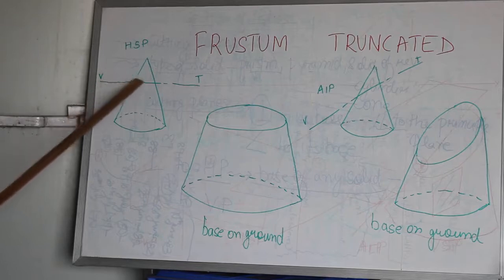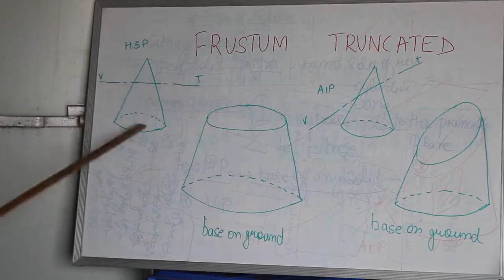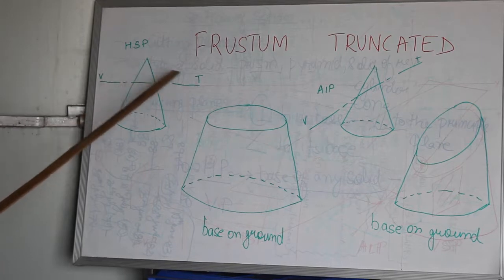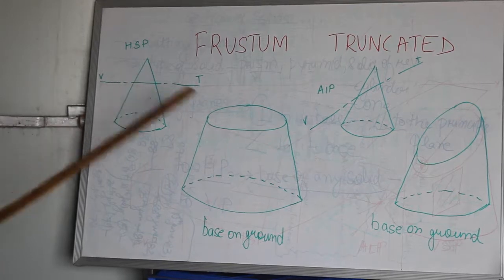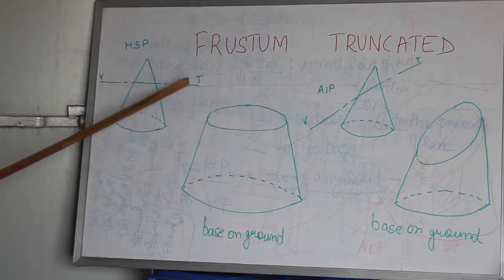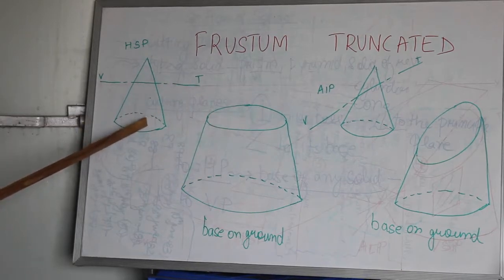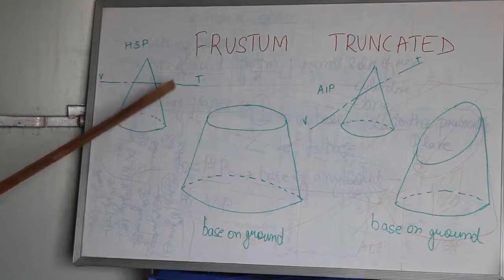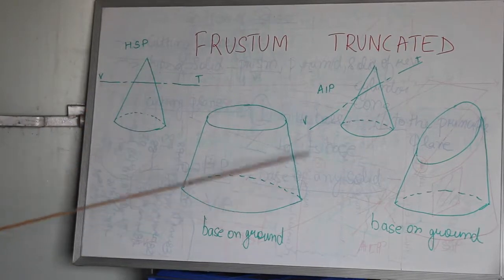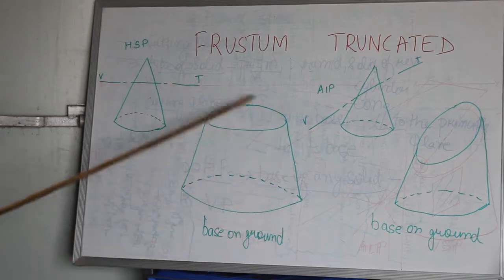So if this line is passing through a solid, it means this line is the representation that it is cutting the solid parallel to the base of the solid, and if it is cutting parallel to the base, the result is a frustum.